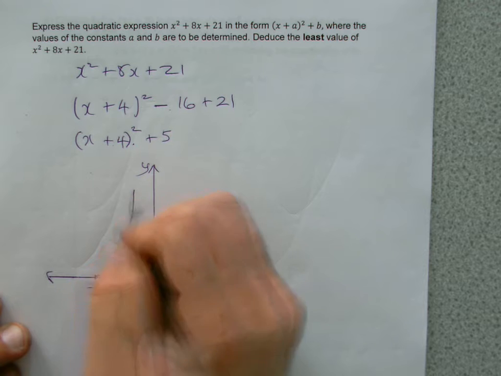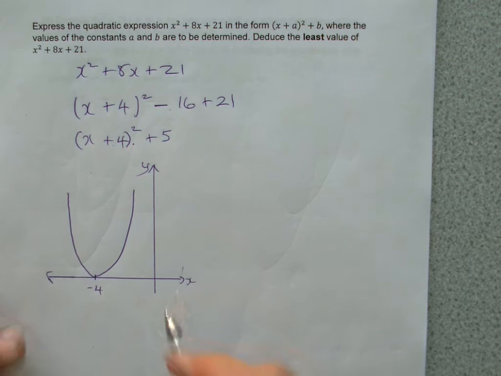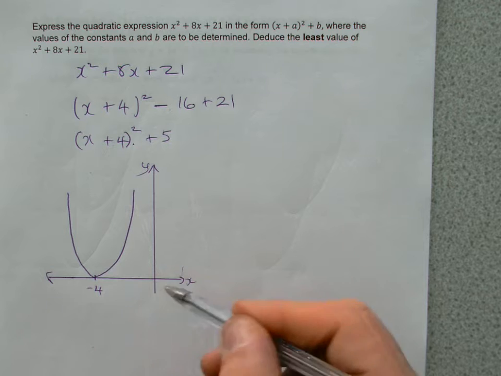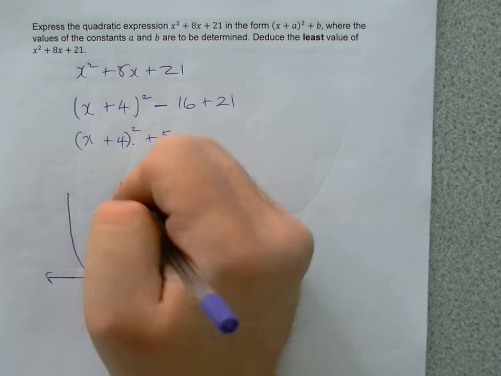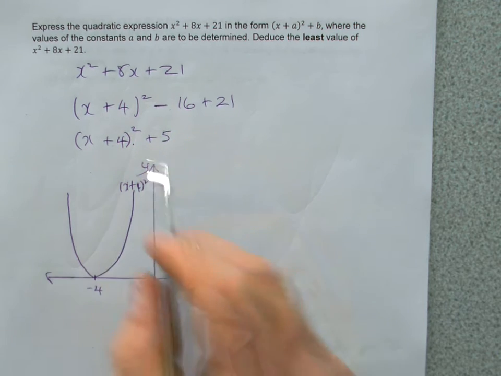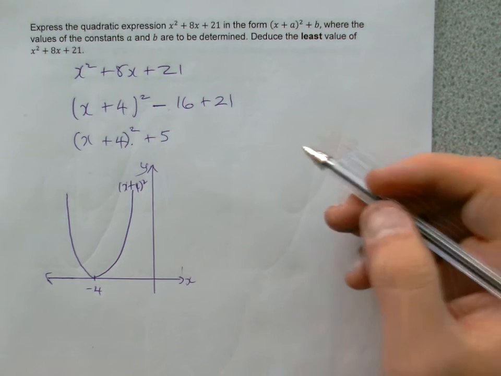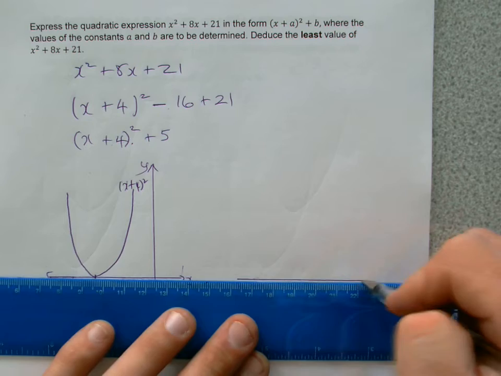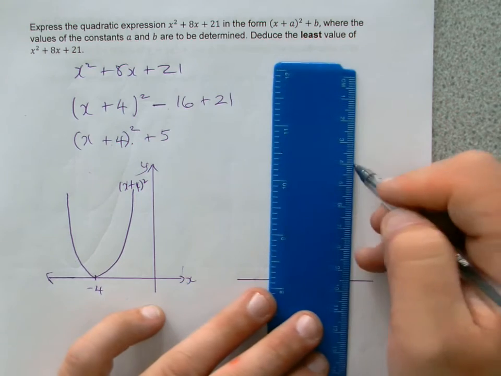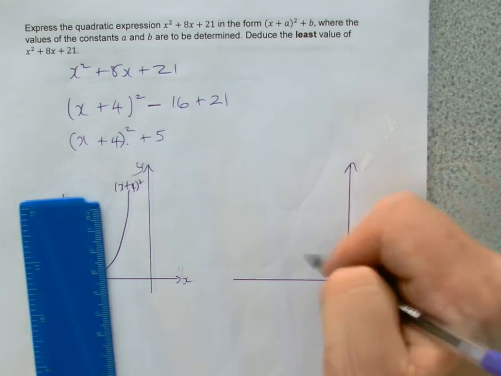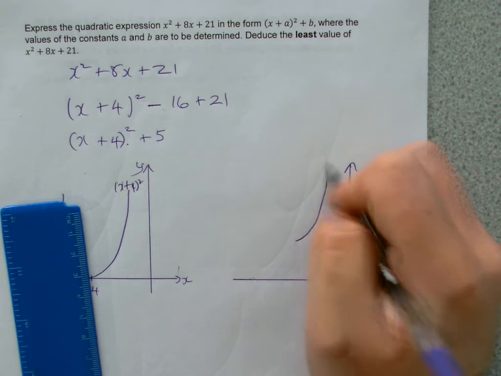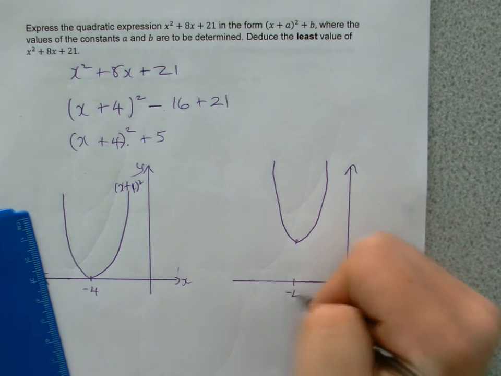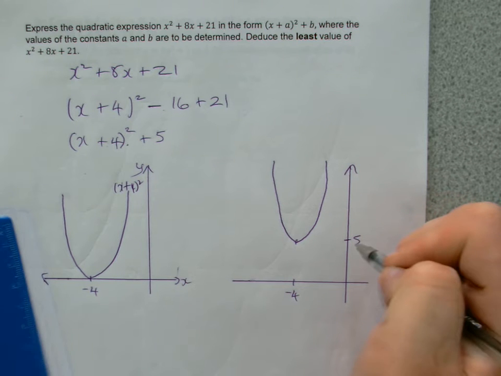So that's what that would look like there. It's your x squared, which normally shifts to negative 4, so this will become (x + 4)². And then we've got to shift it up 5, so we're adding 5 to the actual results. So over here, you've got your graph, minus 4, shifted up 5.